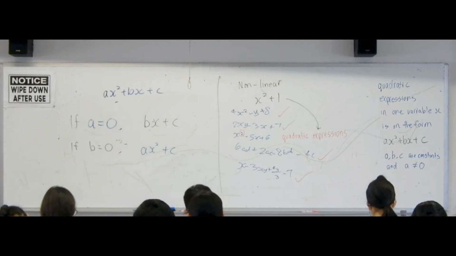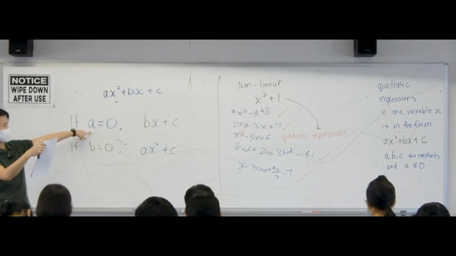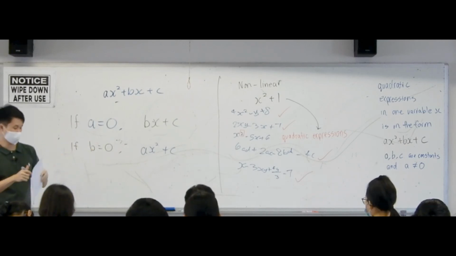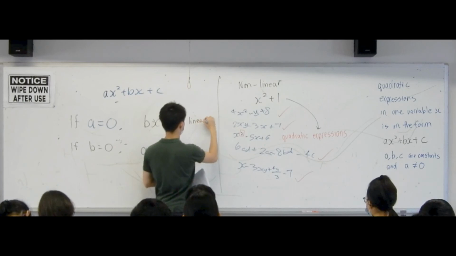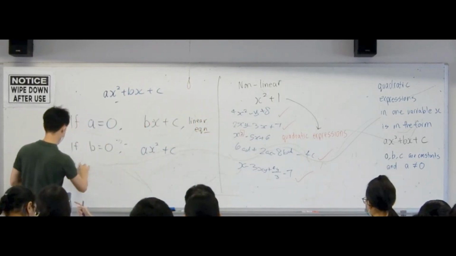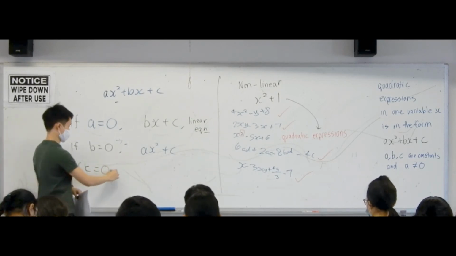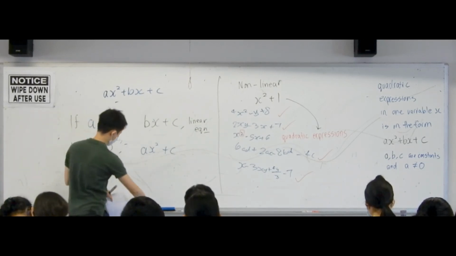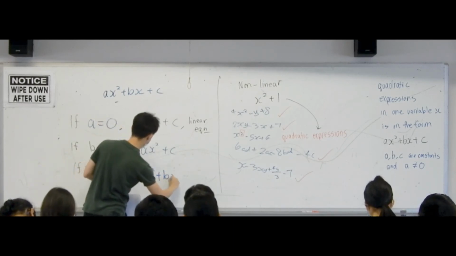Okay, so in this case, if a equals 0, then it becomes bx plus c, a linear equation. Okay, if c equals 0, we will only have ax squared plus bx.